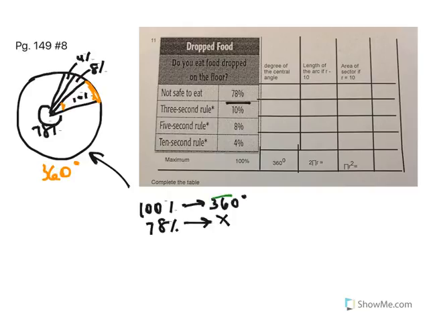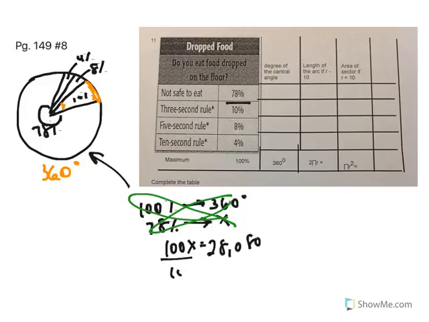So now we are going to cross multiply, and we get 100x equals 360 times 78. And we get 28,080. Divide both sides by 100. And we get x equals 280.8.